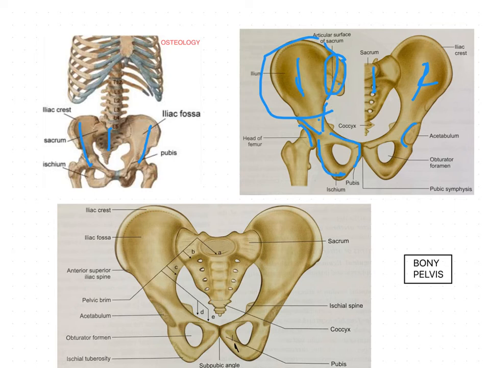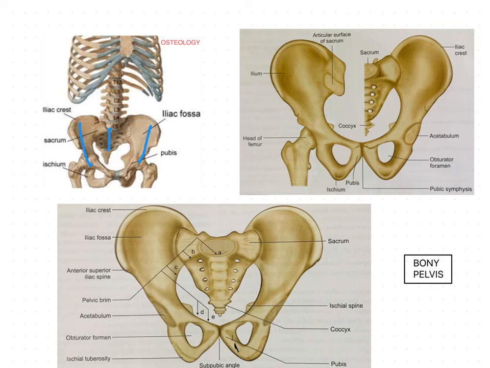That true pelvis is called the bony pelvis. So what forms the false pelvis or the greater pelvis, and what are its boundaries? And what forms the lesser pelvis and what are its boundaries? Now we are going to see.